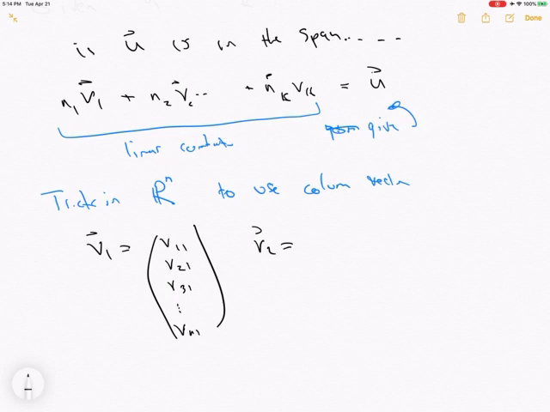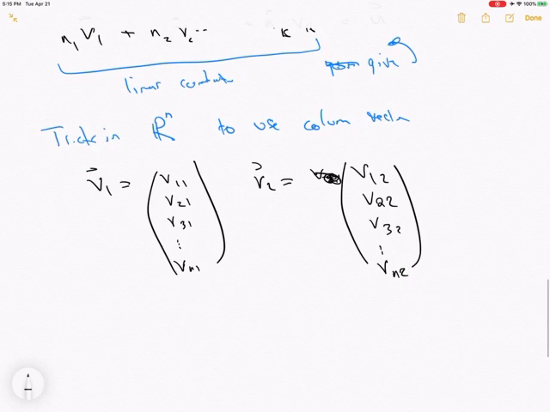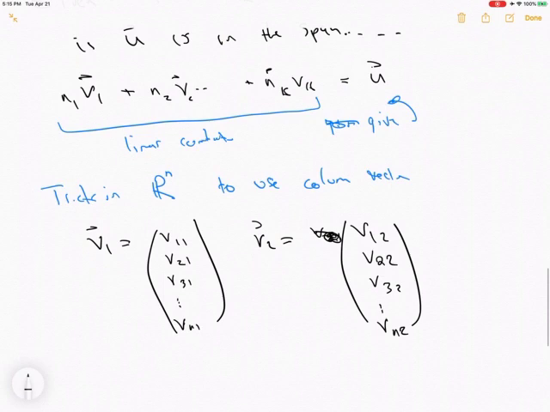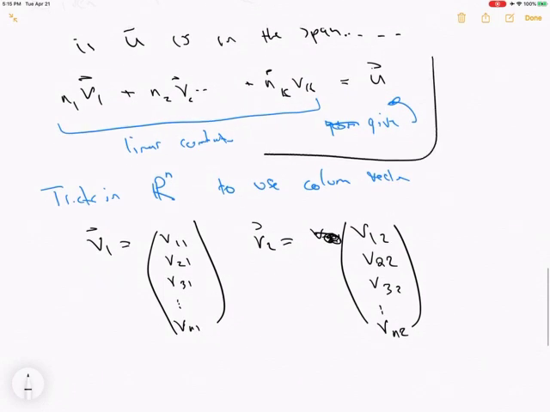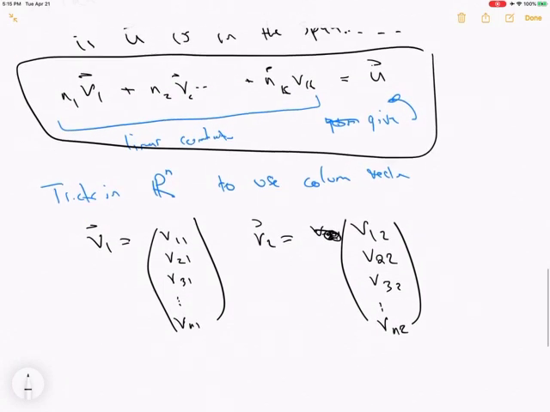Because v1 is a vector in Rn, it has some coordinates, but you want to think of them as columns. So v2 would be v1,2, v2,2, v3,2, down to vn,2. Basically the notation isn't that important, but you just visualize them as column vectors, and when you do that, this equation simply becomes a matrix equation.